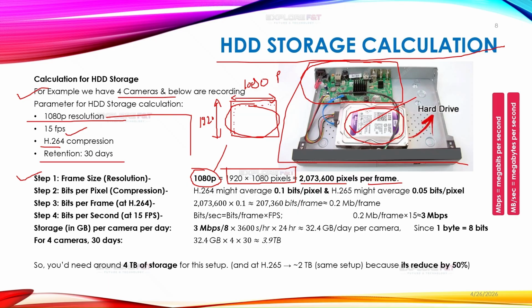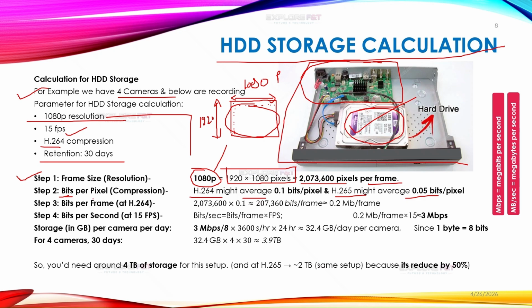Okay, next is bits per pixel, meaning how many bits will be there in each pixel. Generally H.264 will have an average of 0.1 bits per pixel, meaning one tenth, and for H.265 it will be 50% more or less, like 0.05 bits per pixel.